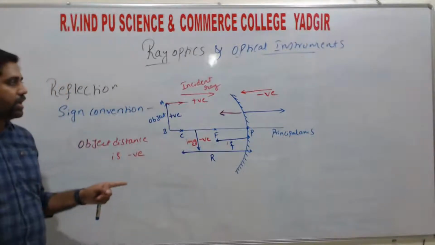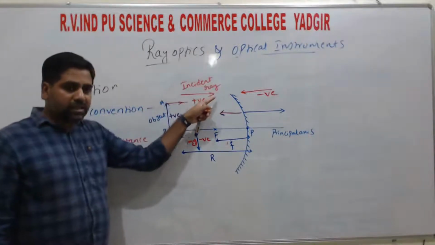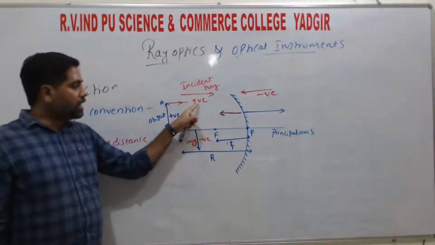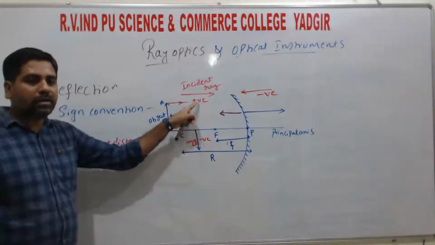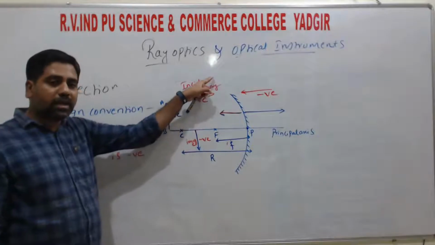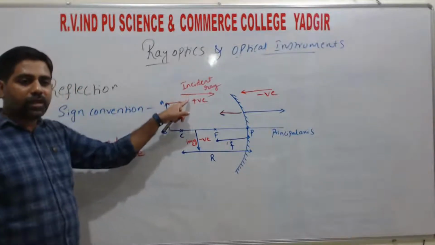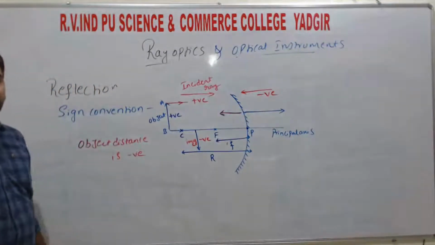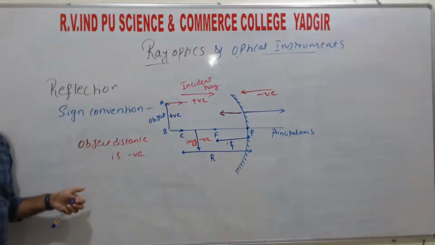The last one is that the distances measured in the direction of the incident ray are taken as positive, and the distances measured opposite to the direction of the incident ray should be taken as negative, right? So these are the three Cartesian sign conventions.